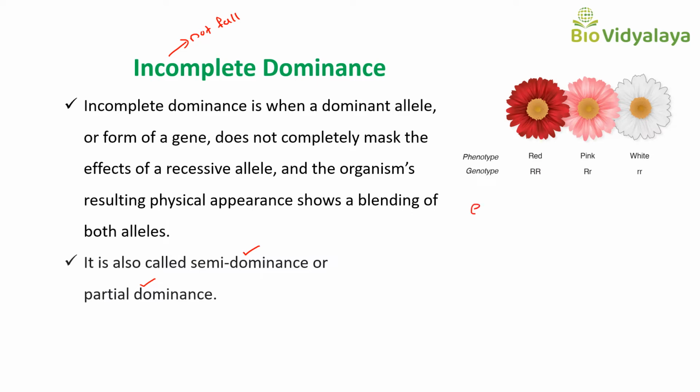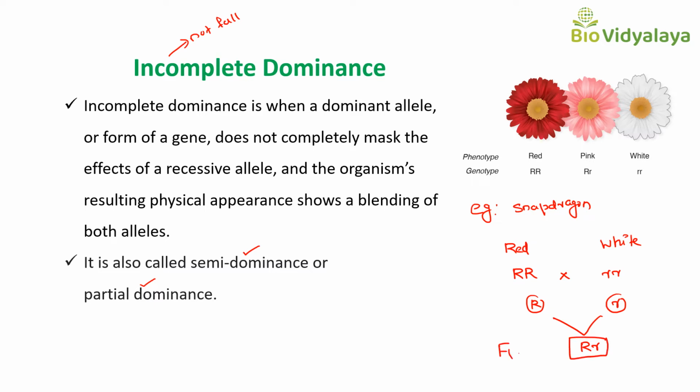Let's see an example. Snapdragon plant. If we cross pure breeding red color snapdragon flower, capital R, with pure breeding white color flower, then we will get capital R small r as F1 hybrid and the phenotype is pink.